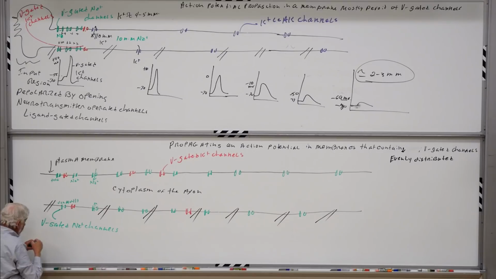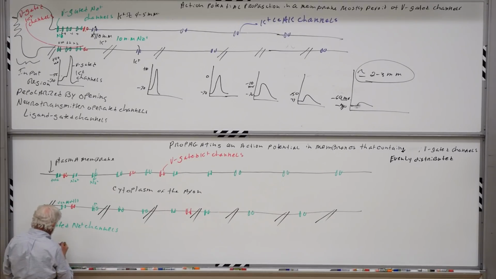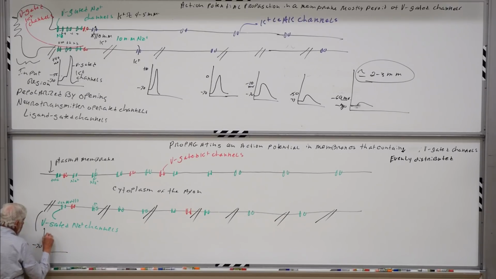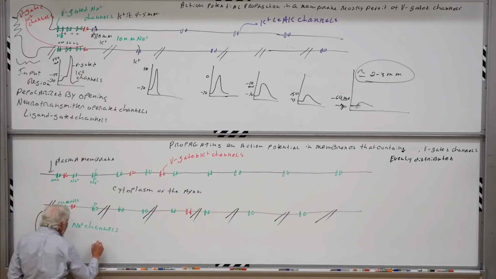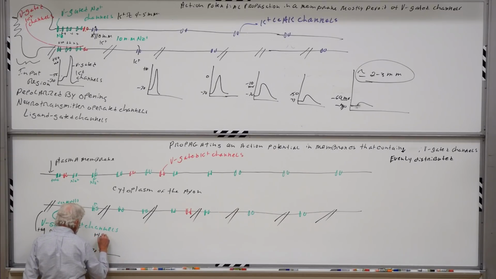If we make recordings at each of these sites, at the initial site here, we see a recording where we go from -70 to +40, the voltage-gated potassium channel opens, and we repolarize the membrane. If we now measure at this site, we see -70 to +40, and back down again.